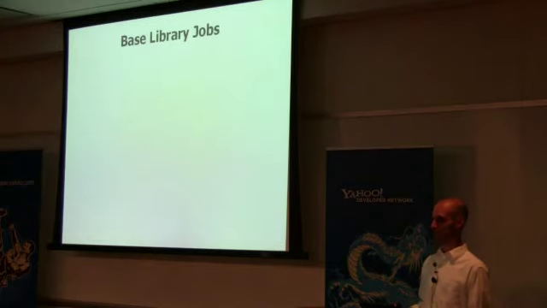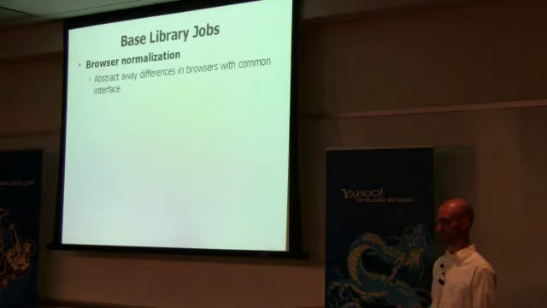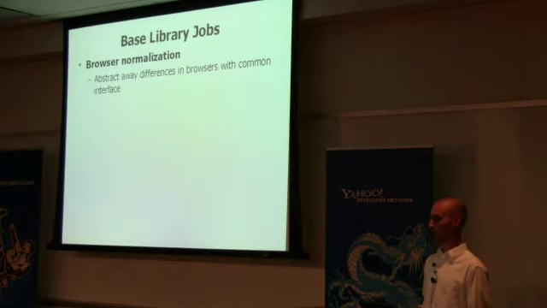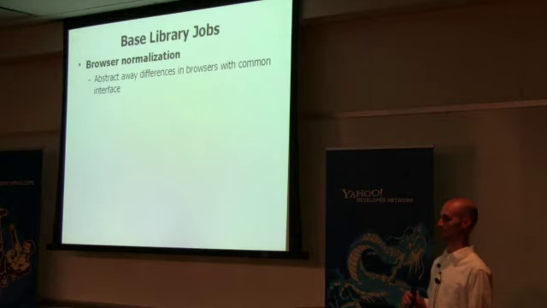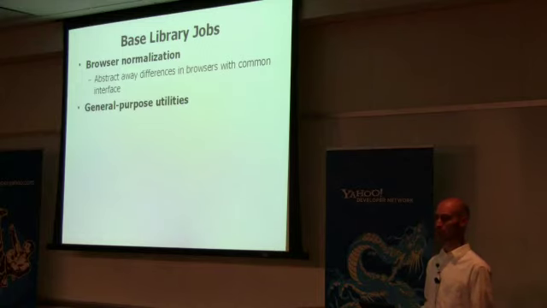So the jobs of the base library, which are very important: browser normalization. We really want any browser-specific logic to be in that base library layer. The rest of the application should never have to worry about it. Then general purpose utilities, you know those, add class, remove class, all of that fun stuff. Of course, CSS query selectors.